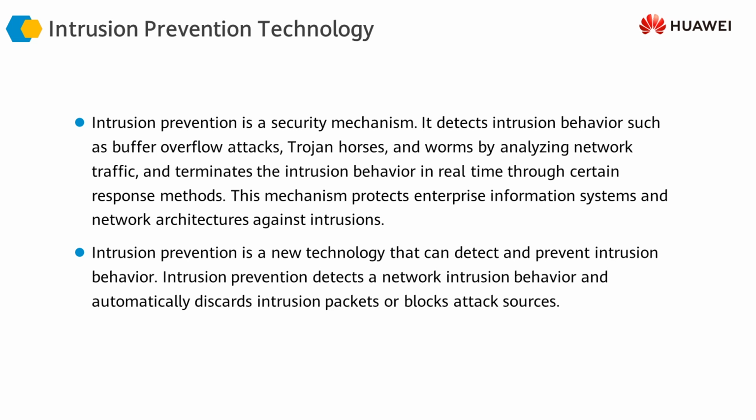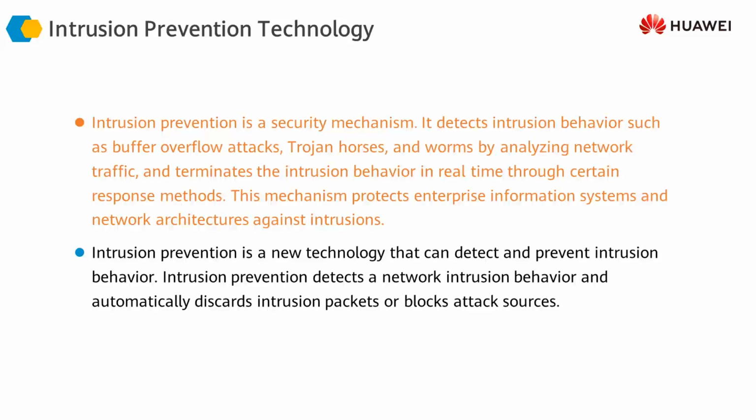Intrusion prevention technology is an extension of intrusion detection technology. It first of all detects intrusion behavior such as overflow attacks, trojans, worms, etc. And then it protects the enterprise information system and network architectures against these intrusions as well. The IDS would only detect and not prevent or protect, but this is going to protect as well.